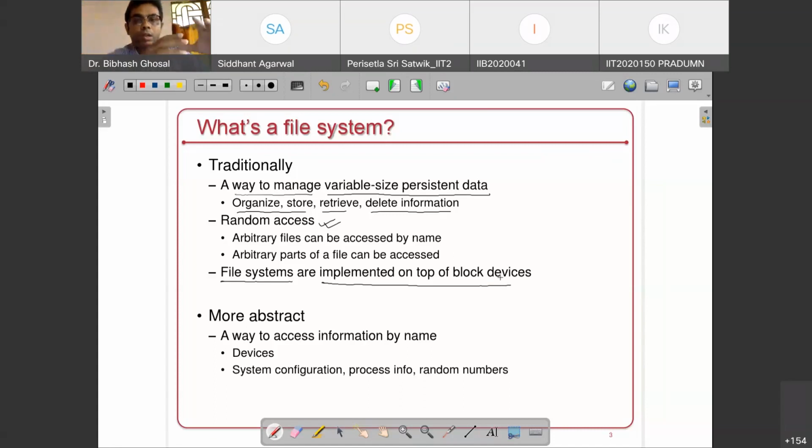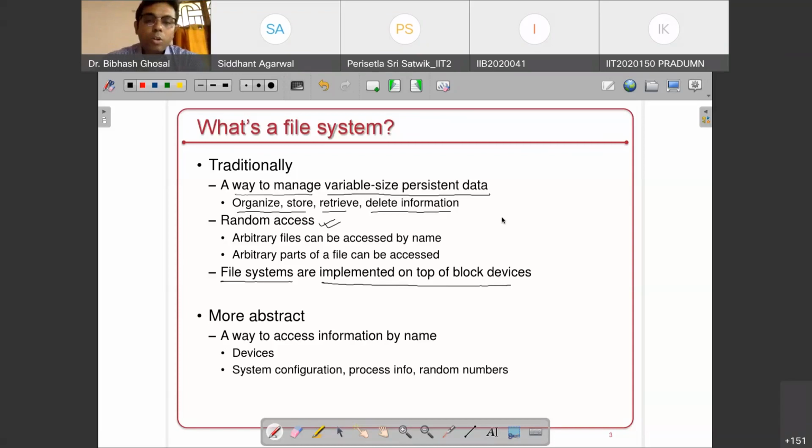But on top of those blocks, there will be an abstraction which will be seen by the application. The application will not see the blocks. It will see some kind of names. And this is what the file system is. Let's try to understand: file system is more abstract. It is not the actual position of the file.